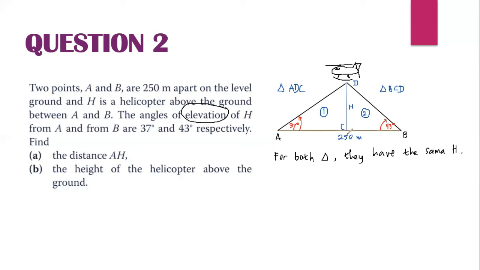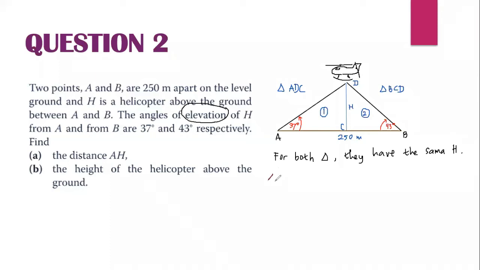Once again, triangle ADC has height h and triangle BCD has the height as well, so they have the same height. Okay, by using the sine rule, I think.